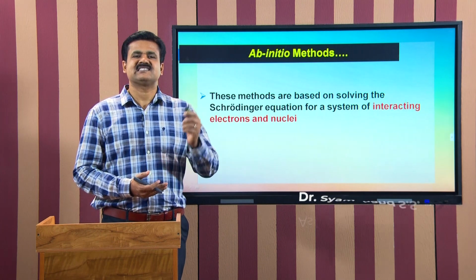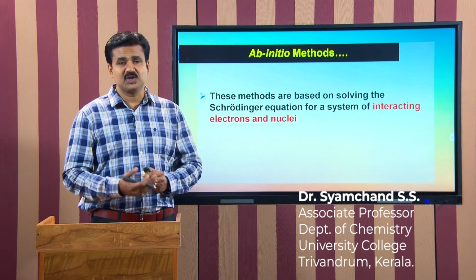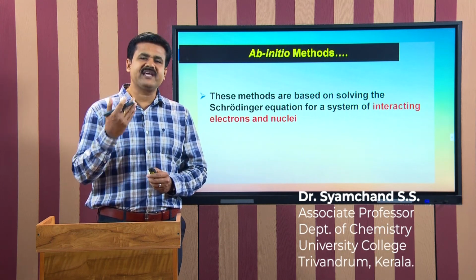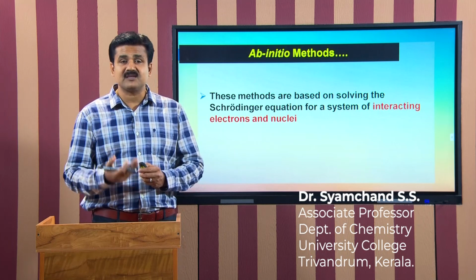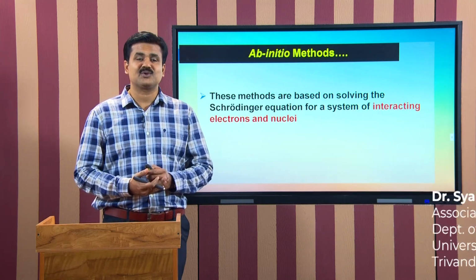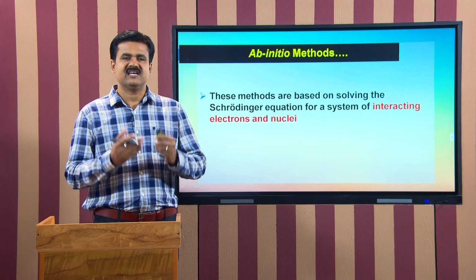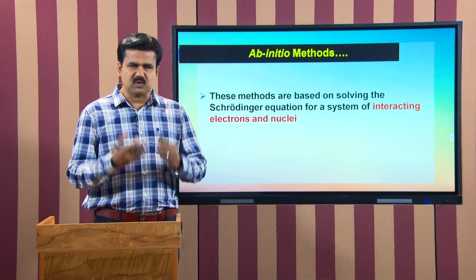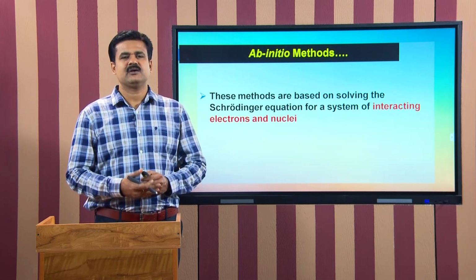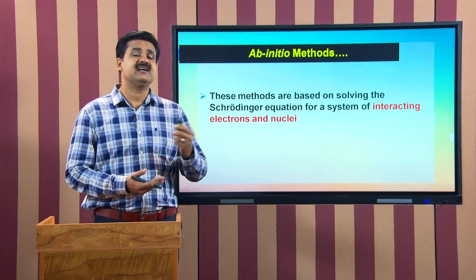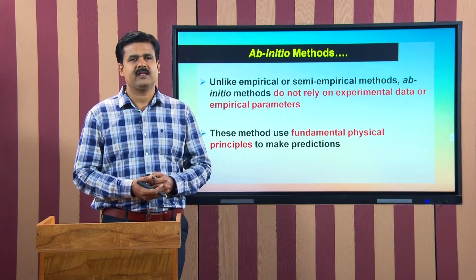These ab initio methods are based on solving the Schrödinger equation for a system of interacting electrons and nuclei. That is, here also we are solving the Schrödinger wave equation of a system of interacting electrons and nuclei.